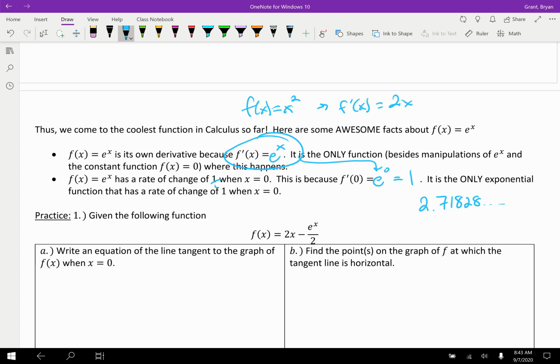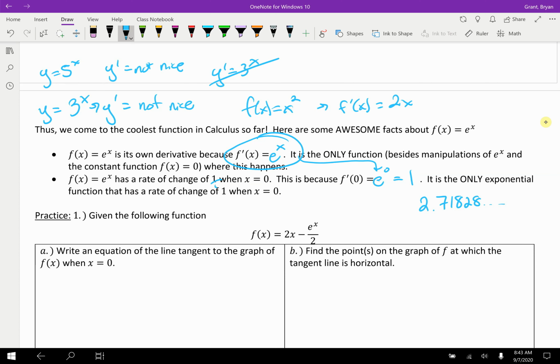So all the other exponential functions, 3 to the x, or 5 to the x, these nice looking exponential functions, their derivatives are not nice. So y prime here is also not nice, which means that the derivative of 3 to the x is not 3 to the x. The derivative of 5 to the x is not 5 to the x.